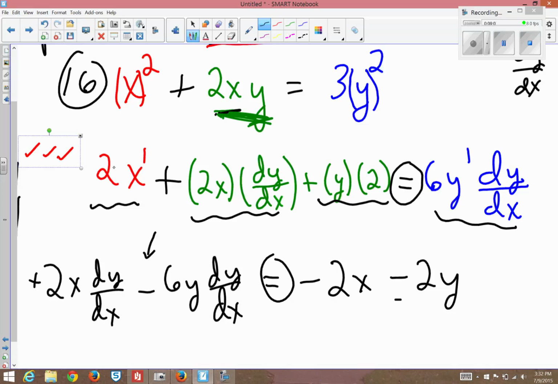This red 2x, we changed it from positive 2x to negative 2x because we are moving it from the left side of the equal sign over to the right side of the equal sign. And the same story with this positive 2y. We wrote it as negative 2y because it was on the left side of the equal sign, and now it's on the right side of the equal sign.